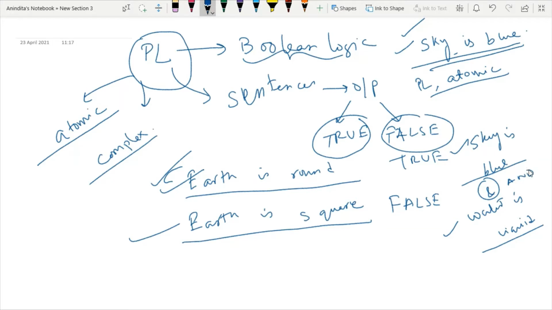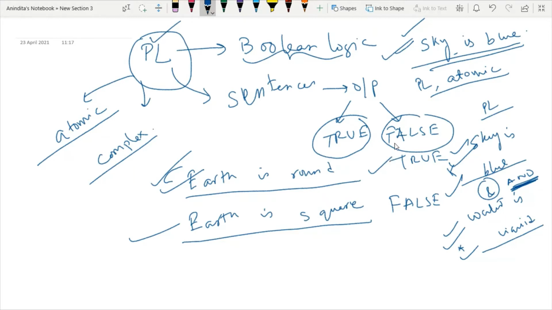So whenever we use some specific kind of connectives to append or concatenate two separate sentences, and each of the sentences has its own true or false outcome, then this kind of propositional logic is known as complex propositional logic. So each time we deal with propositional logic, we have to deal with these two kinds of scenarios.